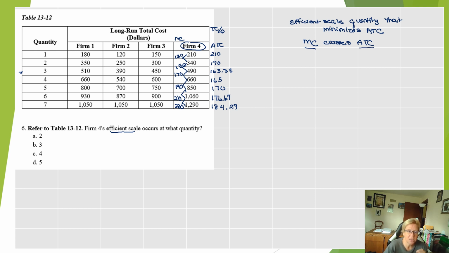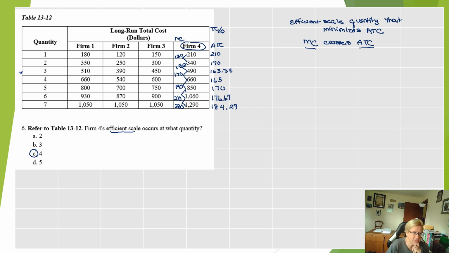Where are they pretty much the same? Marginal cost between 3 and 4 units is 170, right? So I would say it's between 3 and 4 units for our efficient scale.